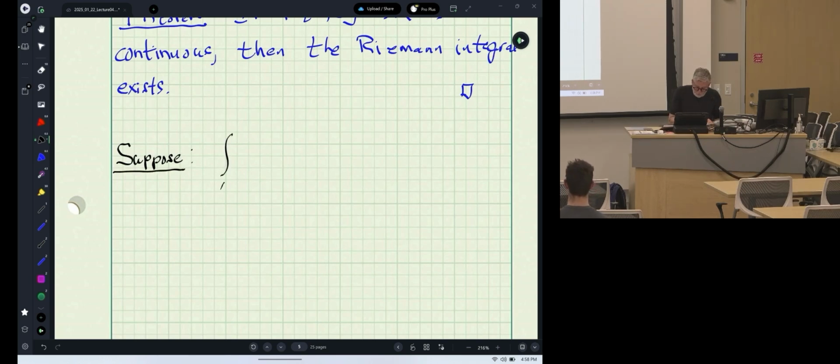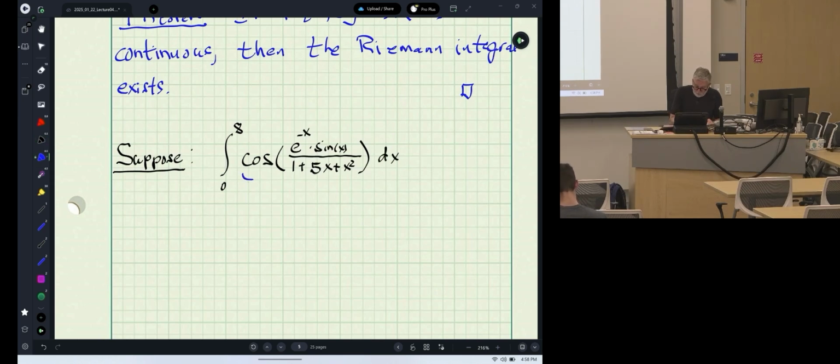Suppose you wanted to compute, say, the integral from 0 to 8 of cosine of e to the minus x times sine of x over 1 plus 5x plus x squared dx.